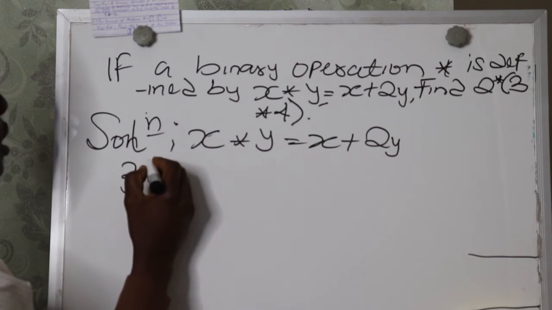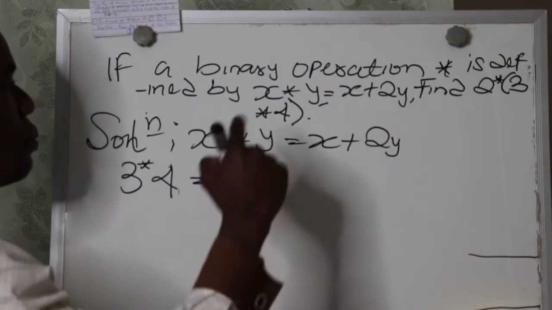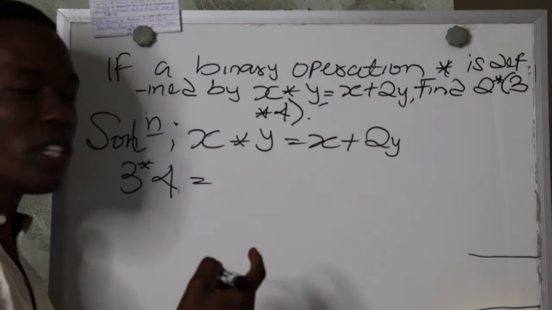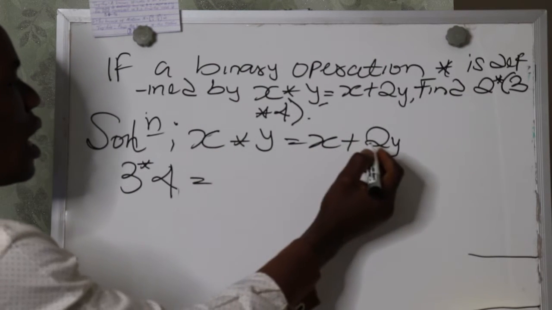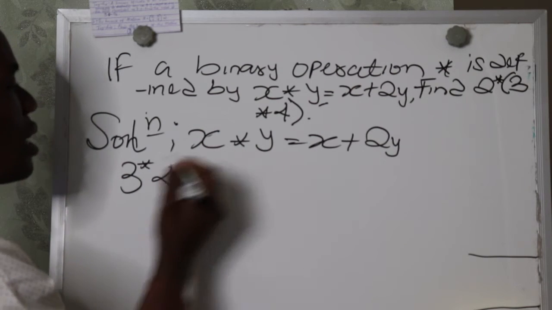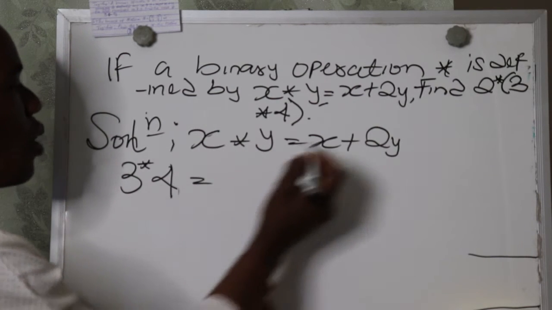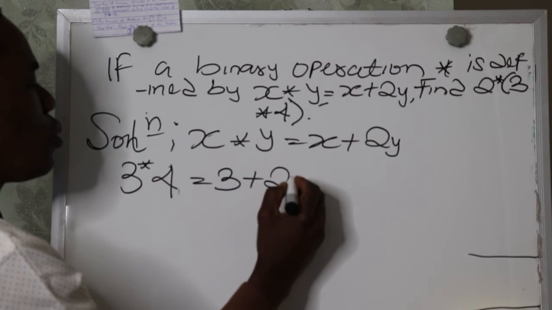Let's look at 3 operation 4, which is in brackets. Just like 3 operation 4, x will be 3 and y will be equal to 4. If you put that into this equation, it will give you 3 plus what? 2y.